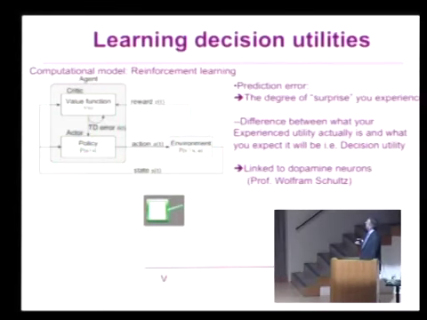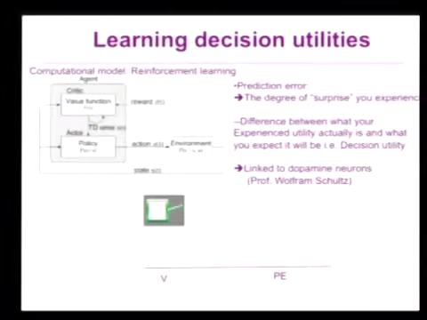To understand this, we can make reference to a field of computer science or artificial intelligence called reinforcement learning. Reinforcement learning is concerned with how to build artificial systems like robots that are able to learn from their environment and behave adaptively. Okay, so choose things that maximize rewards.